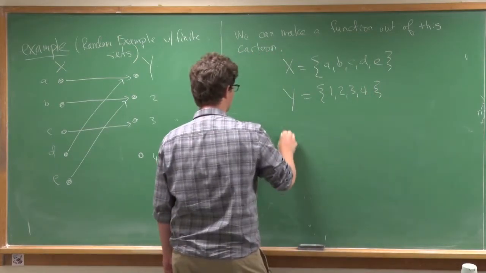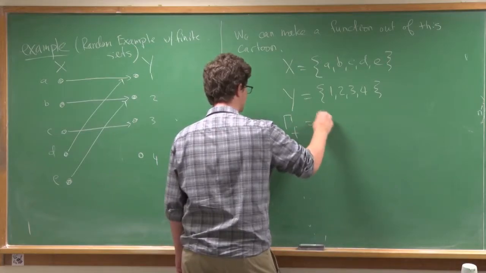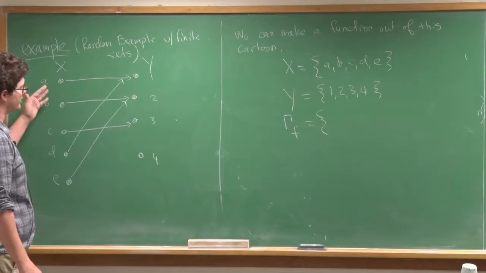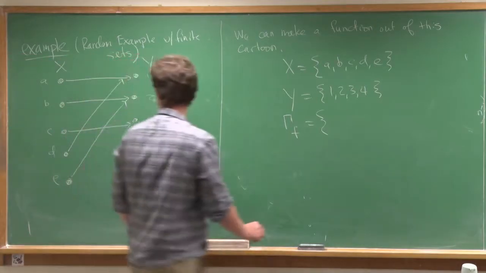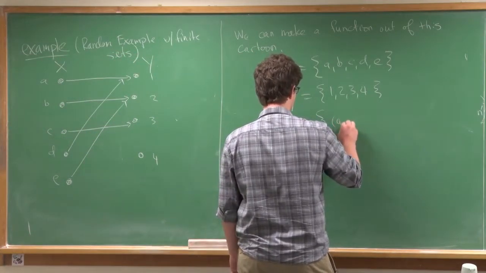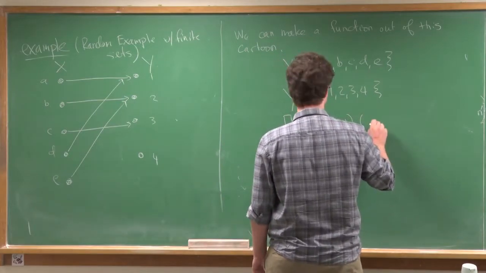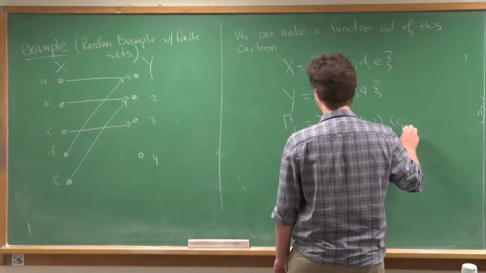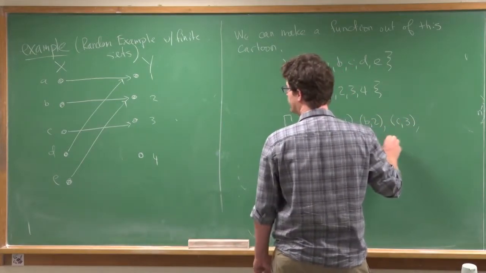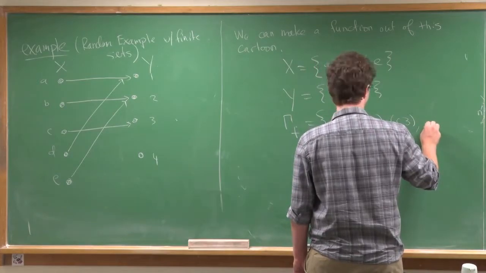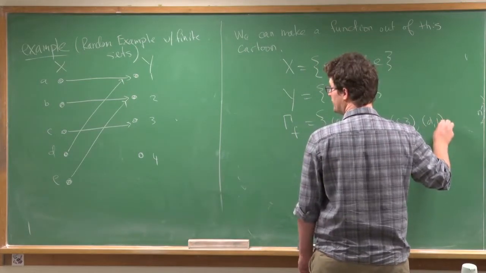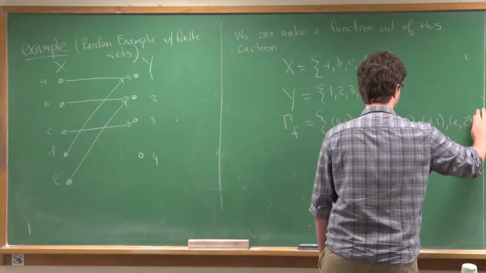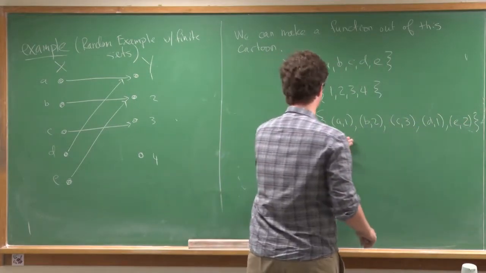And then the graph. The graph specifies which ordered pairs we hit. So here we'll have A goes to 1, B goes to 2, C goes to 3, D goes to 1, and E goes to 2. This is the graph here.